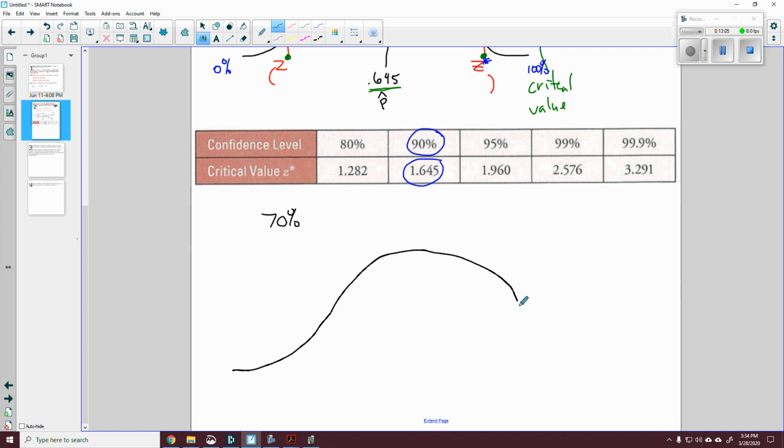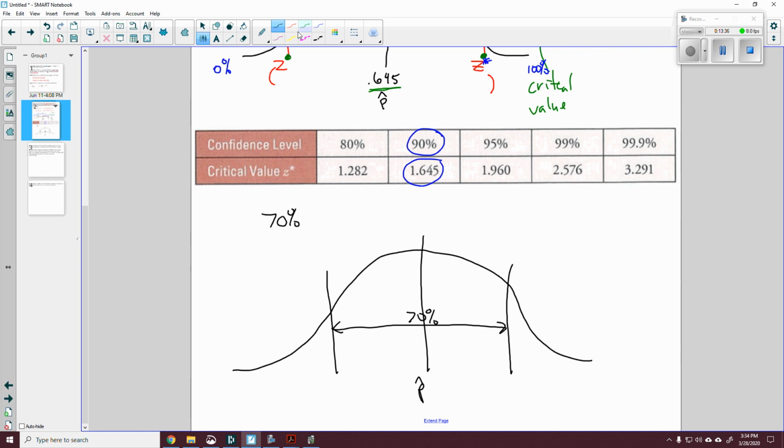I know I have a normally shaped curve, and my middle right here is my p hat. Instead of 90%, I'm looking for a narrower 70% confidence interval. So I want to be less confident than 90%, but it's going to be a number closer to my p hat, because it's a narrower distance.